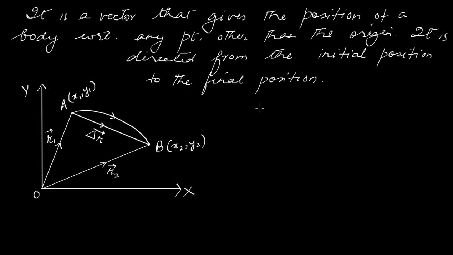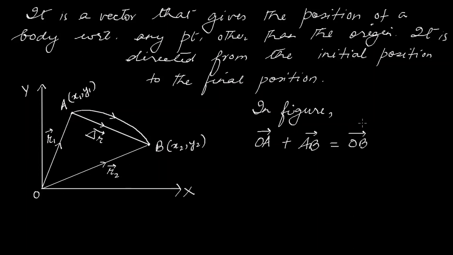So in vector language, you can write in figure, in vector language, it means that OA bar plus AB bar is equal to OB bar.